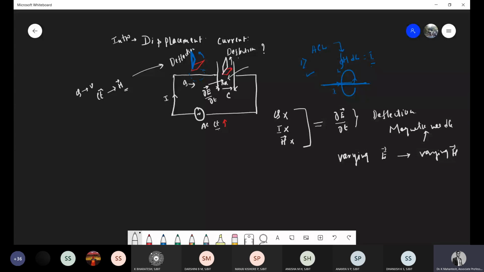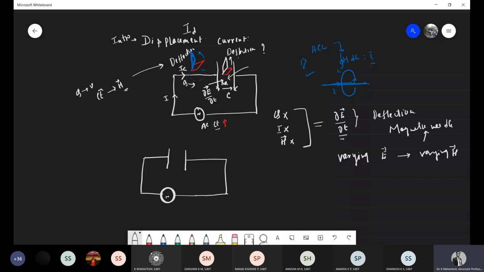And guys, if I call this the conduction current IC, and the current due to the displacement the displacement current ID, I'm rewriting the circuit here since I had a lot of information on that circuit.